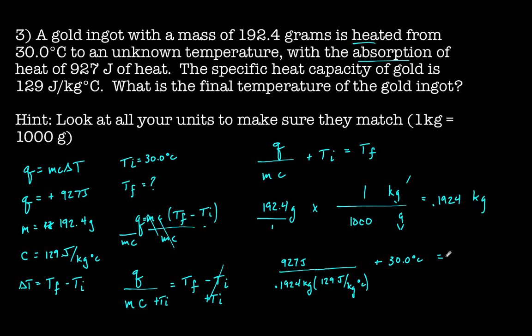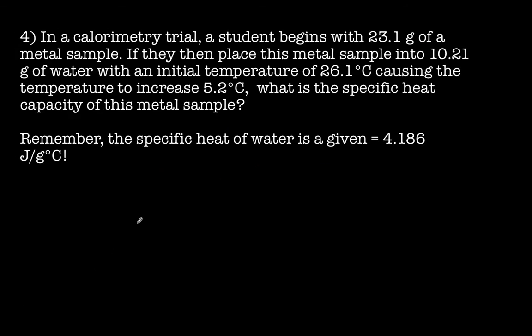I'm going to do 927 divided by 0.1924 times 129. I'm going to get 37.3 plus 30 equals 67.3 degrees Celsius as a final temperature. Here you go, problem number 3. Let's move on to problem number 4, our calorimetry.